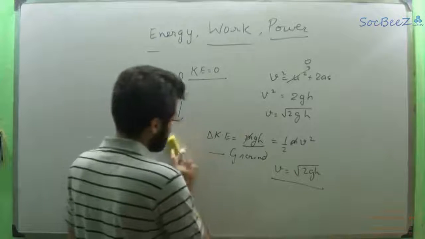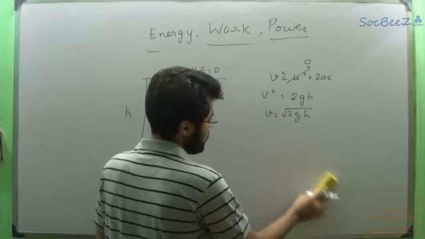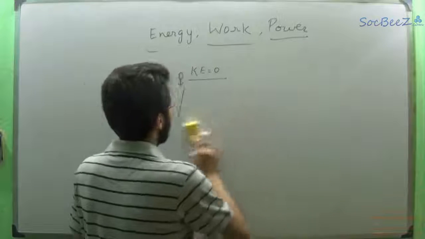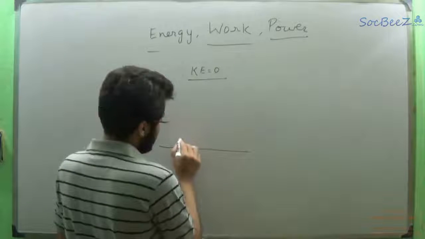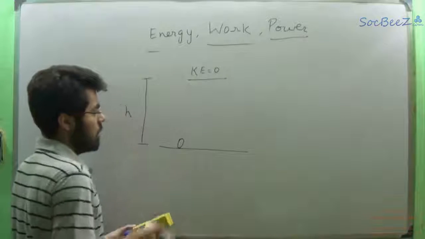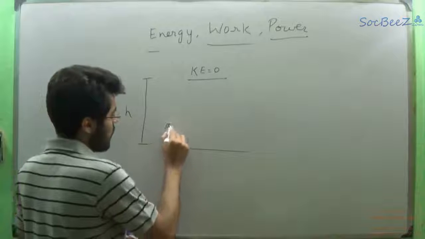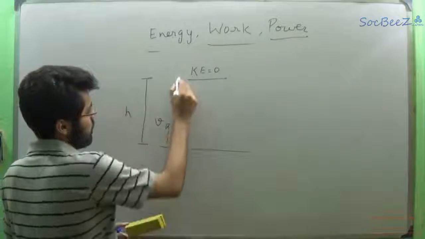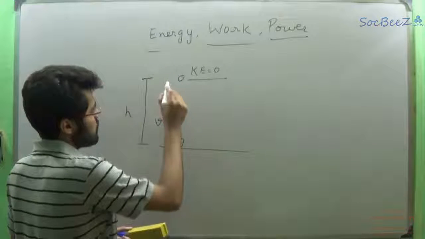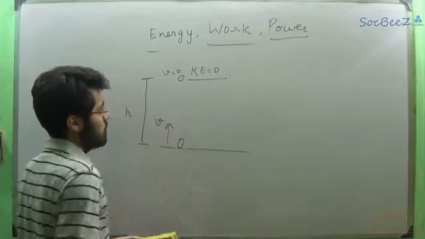Now let's make some slight bit of change. The same ball, but at the ground level initially, and it is thrown up with a velocity v, and it reaches a height h. The maximum height it reaches is h. Here the velocity becomes 0.